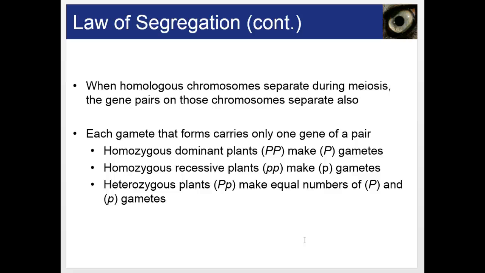They have to be split up into separate gametes, because you can only give your children half of your genetic info, not the full amount. Therefore, each gamete that forms carries only one gene of a pair.